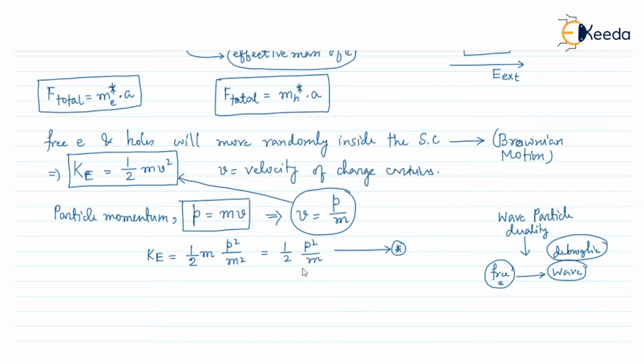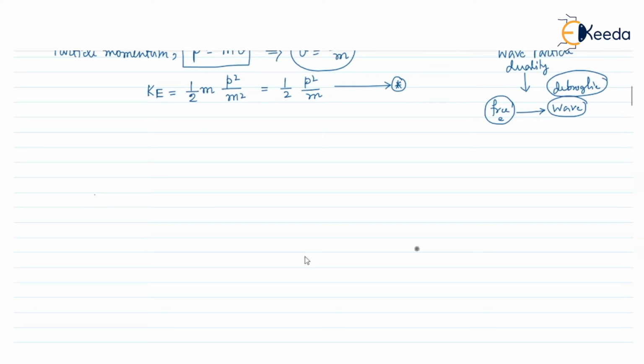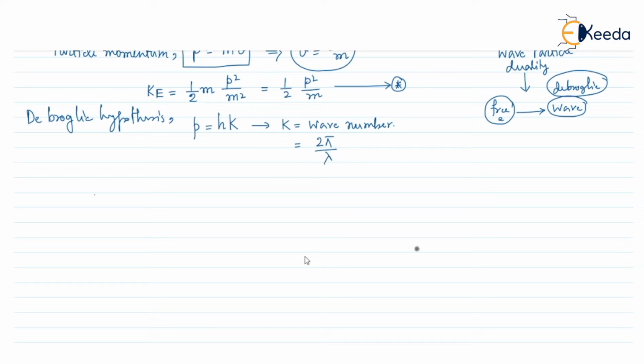So, from that concept, according to the de Broglie hypothesis, we can say that the momentum of the particle is p = ħk, where k is the wave number of the wave associated with this free electron, and k is denoted by 2π/λ, where λ is the wavelength of the wave associated with the free electrons according to wave-particle duality.